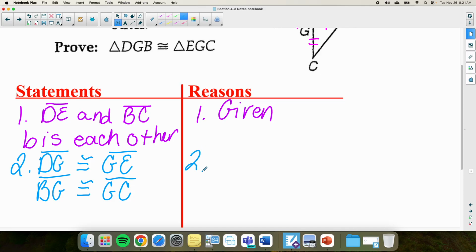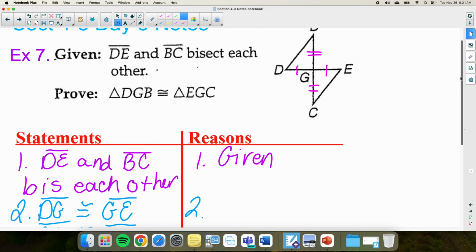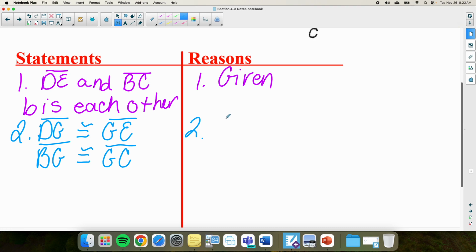So here we bisected a segment. Yesterday we bisected an angle. When we bisect a segment, it's definition of segment bisector, and you can just do SEGBIS. So in these, sometimes you're bisecting an angle and it's definition of angle bisector. Sometimes you're bisecting a segment and it's definition of segment bisector.